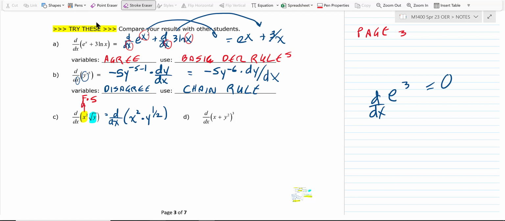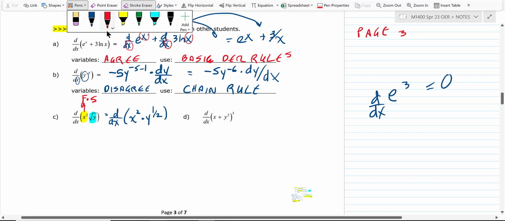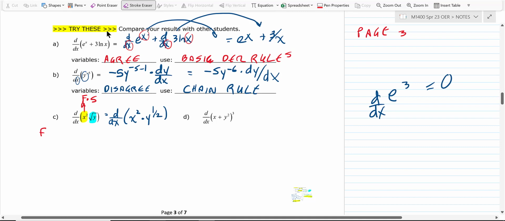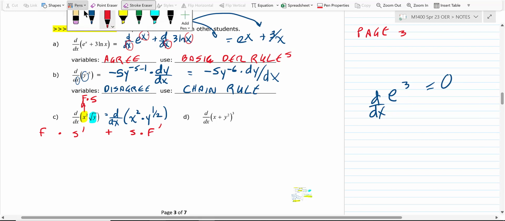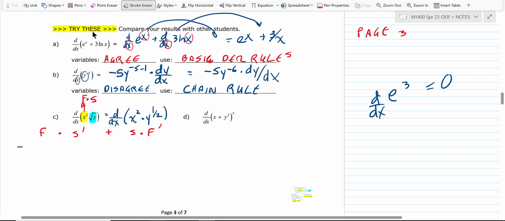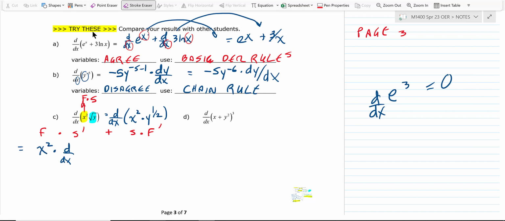Okay. Now, I'm going to write down the product rule just in symbols. You don't have to if you don't want to, but this is what we're going to be doing, just putting that in the product rule. And you can do this in your head. I'm going to write down the first, the derivative with respect to x of y to the 1/2, which you're more than welcome to do in your head if you're good with that.